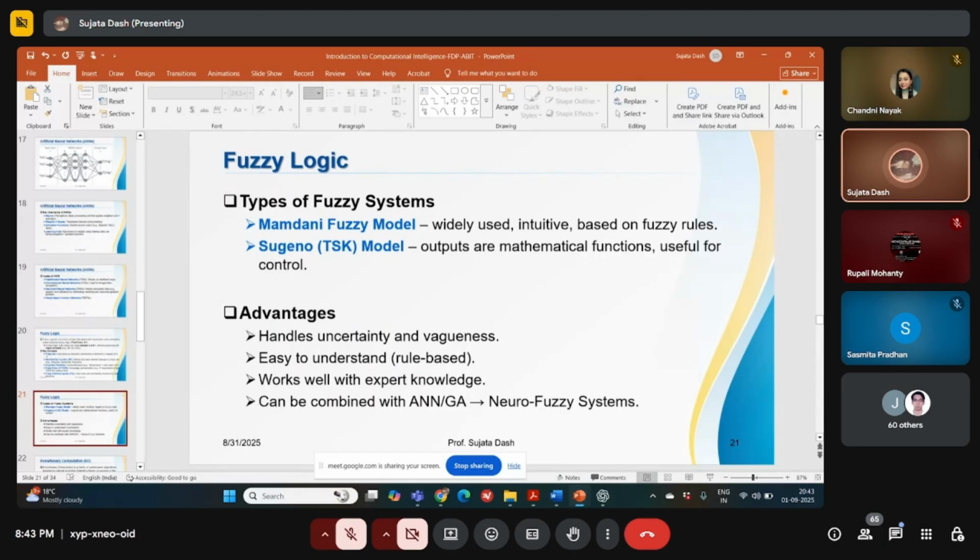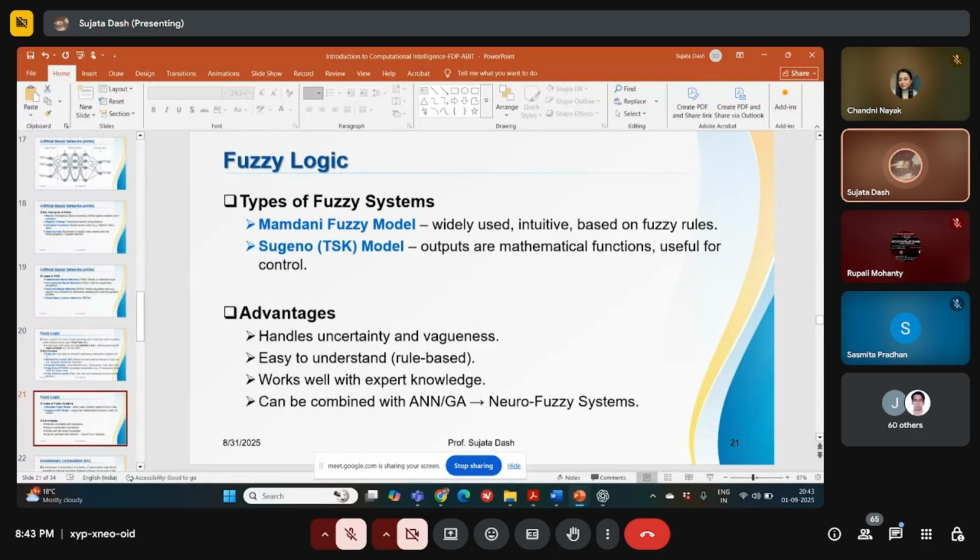Then types of fuzzy systems. Mamdani fuzzy system is a classic model. It uses fuzzy rules plus fuzzy sets, and it is good for decision making and control systems. For example, a washing machine adjusting its washing cycle based on the dirtiness can use this Mamdani fuzzy system.